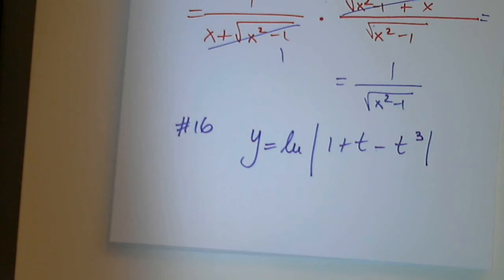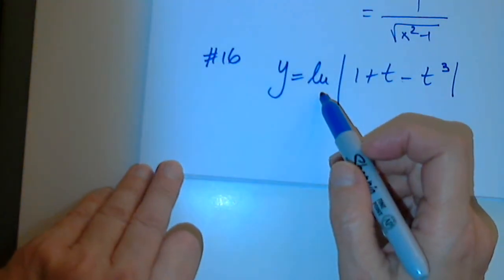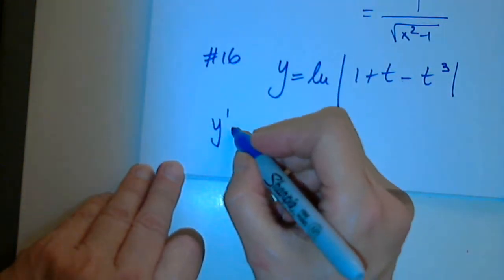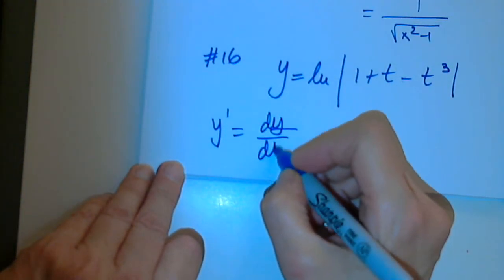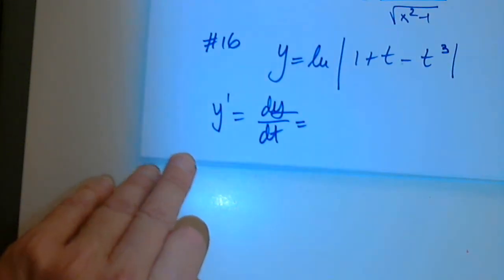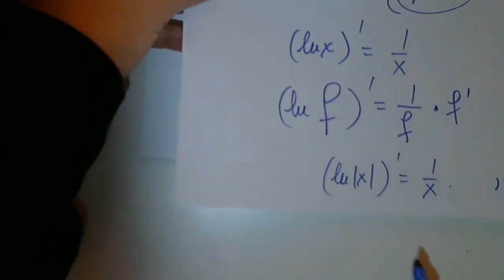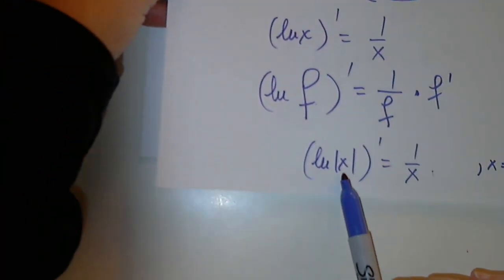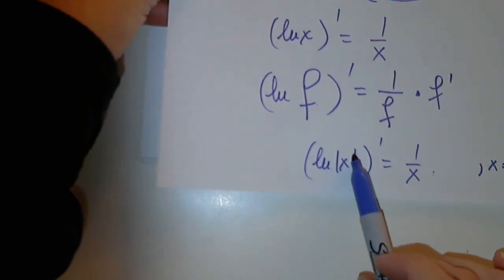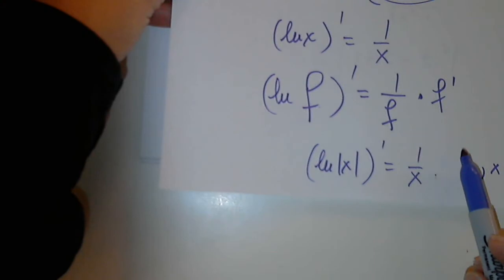I think it's t cubed. Yes, it is. Okay, so what do we know about differentiating natural log of the absolute value, or dy over dt in this case? So remember the formula? The derivative of natural log of an absolute value of a function is 1 over the function times the function prime.